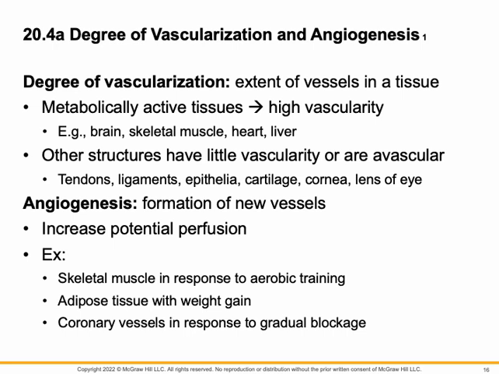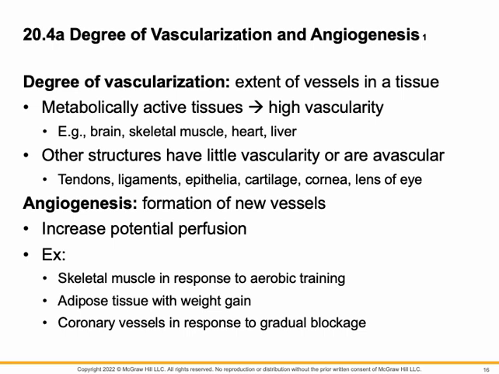Now, the blood supply to a given tissue can change depending on various factors, right? And so one of the main factors, and this process, I should mention, is called angiogenesis, right? So the prefix angio means vessel or blood vessel, and then genesis means the creation of or the synthesis of, right? So angiogenesis simply means making new blood vessels, right? So the formation of new blood vessels.